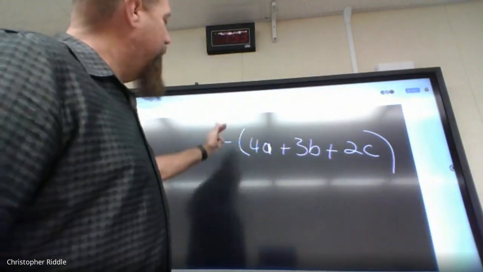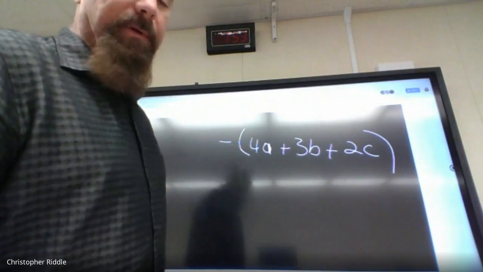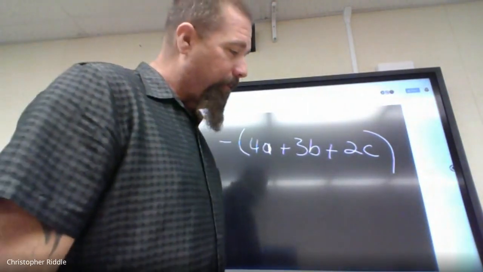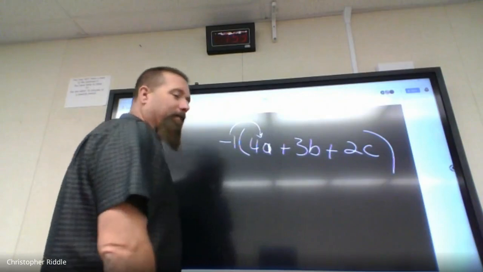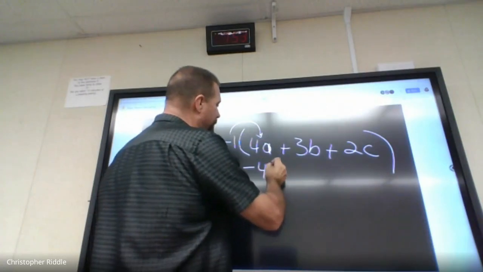So Ashley, what do we assume is sitting outside the parentheses since there's no number? 1. Exactly. And then what are we going to do with that 1? We're going to multiply negative 1 times 4. Positive or negative? Negative. Exactly. Good job. Negative 4a.